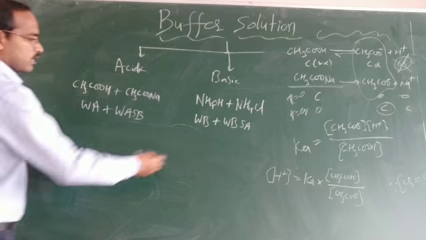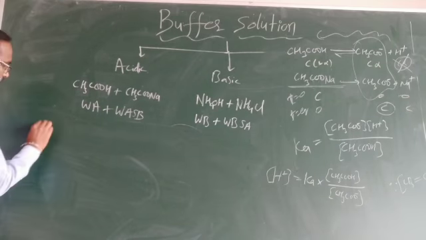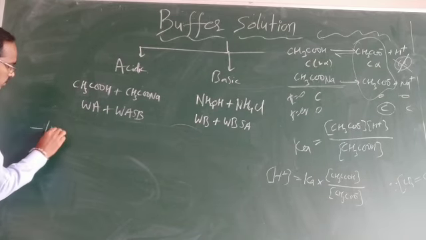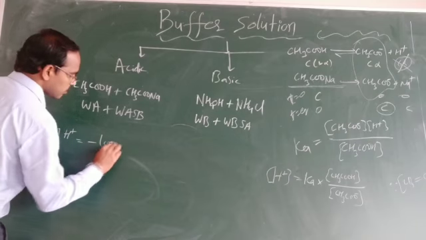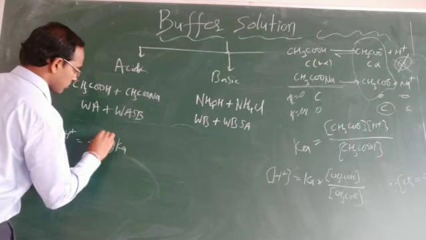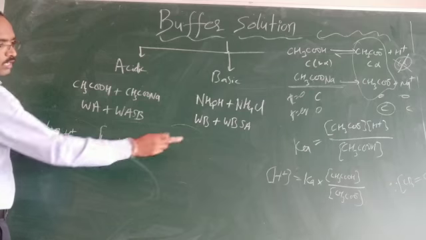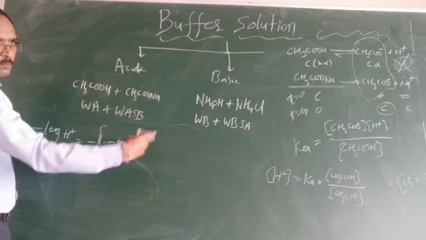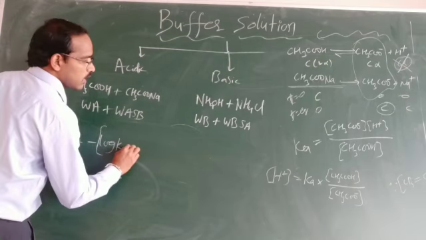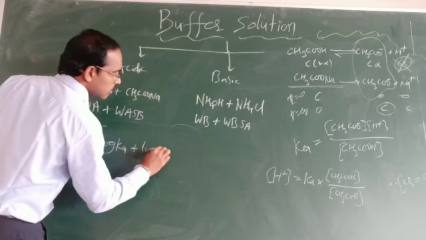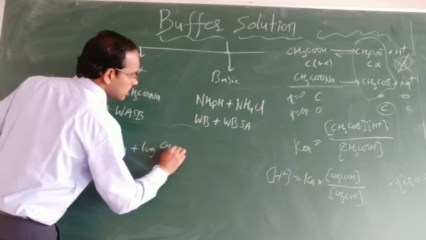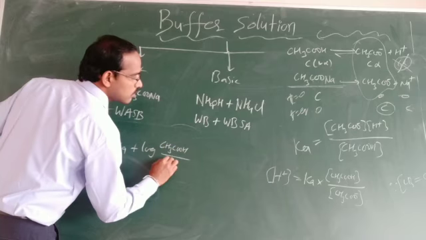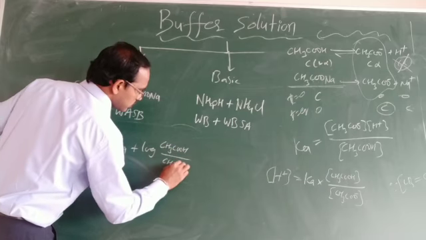Now I am taking the logarithm. Minus log H plus equals minus log Ka, and since log of A into B equals log A plus log B, it becomes log Ka plus log of CH3COOH upon acetate CH3COO minus.